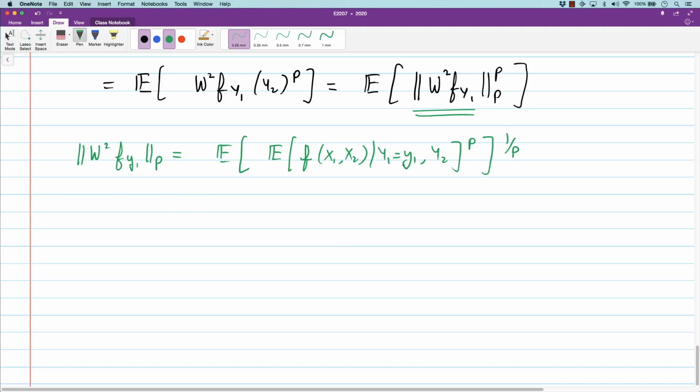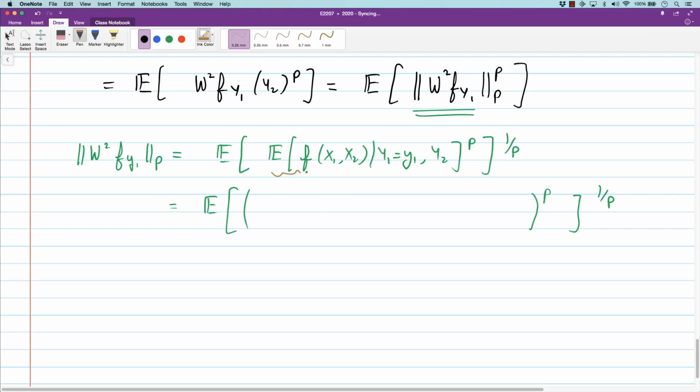And so if you look at this inner part here, it can be viewed as expected value of something to the power p, to the power 1 by p. Let's look at this inner expectation here. Okay. So what is this inner expectation?